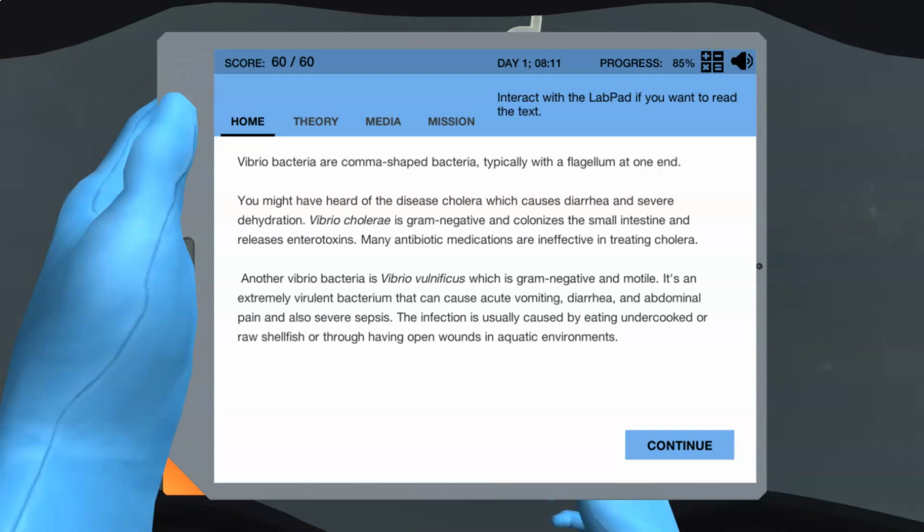Many antibiotic medications are ineffective in treating cholera. Another Vibrio bacteria is Vibrio vulnificus which is gram-negative and motile. It's an extremely virulent bacterium that can cause acute vomiting, diarrhea, and abdominal pain and also severe sepsis. The infection is usually caused by eating undercooked or raw shellfish or through having open wounds in aquatic environments.